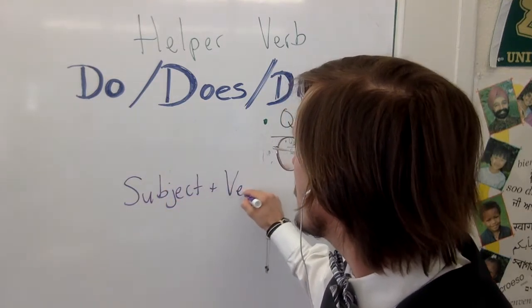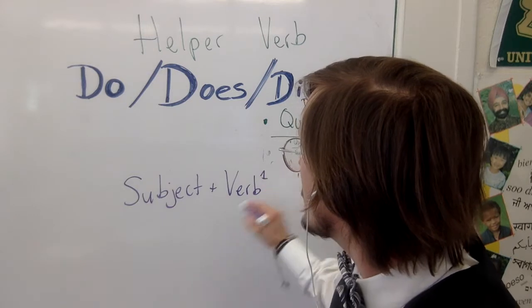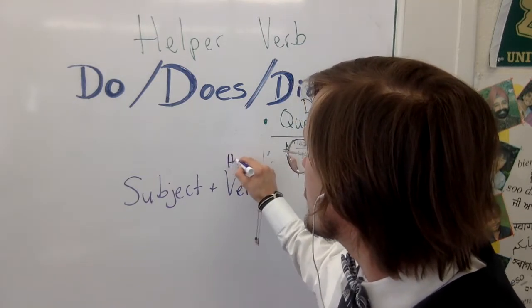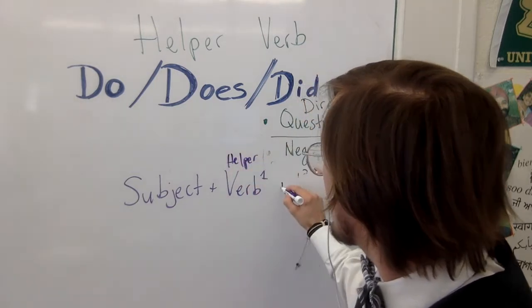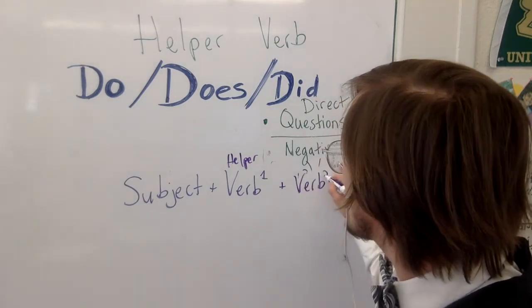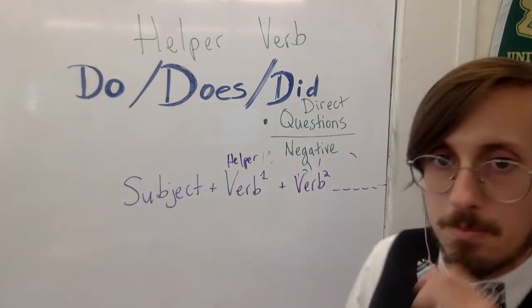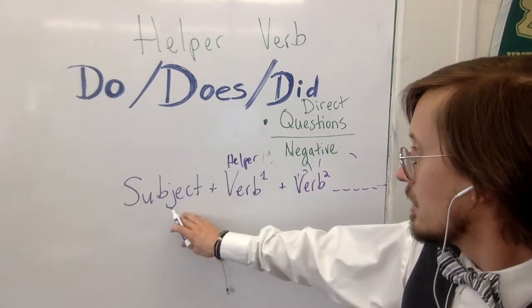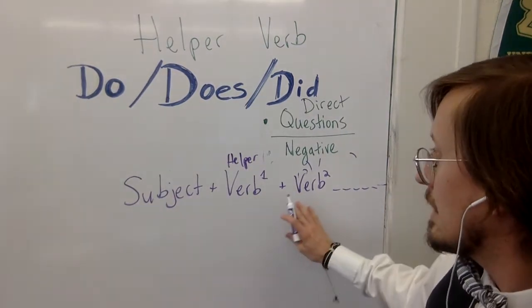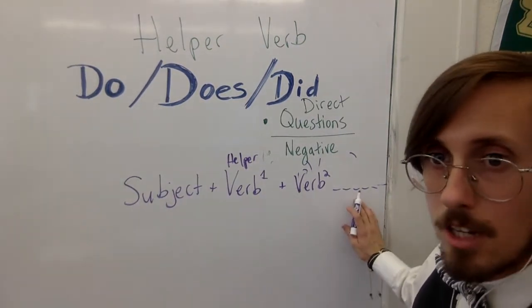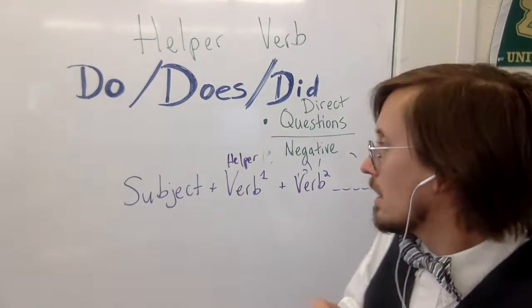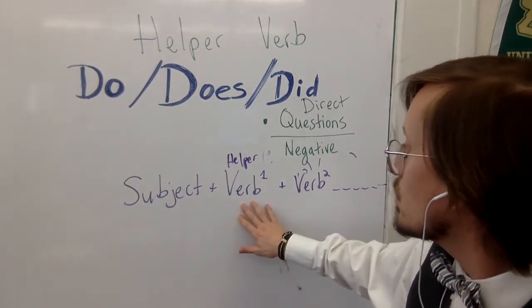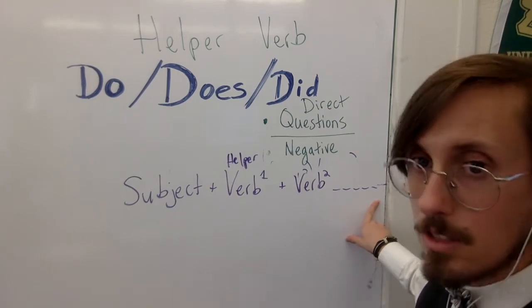And then your verb, and more specifically helper verb, and then everything else. So we could say something like, she doesn't eat chocolate. They don't go to the movies.